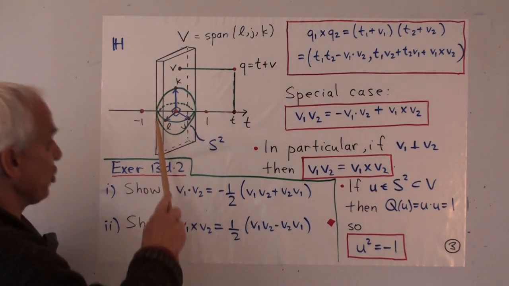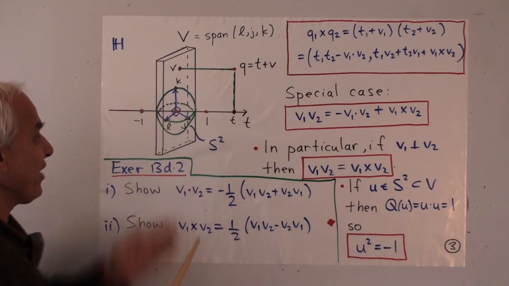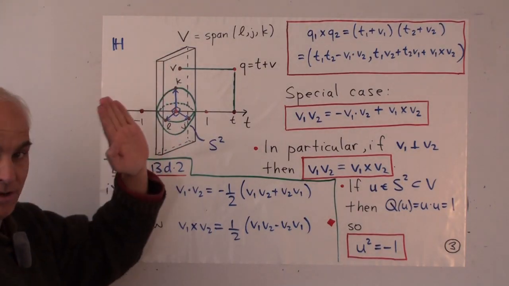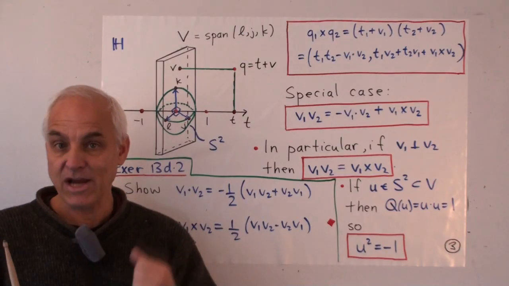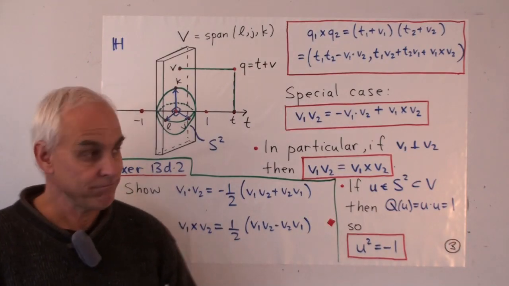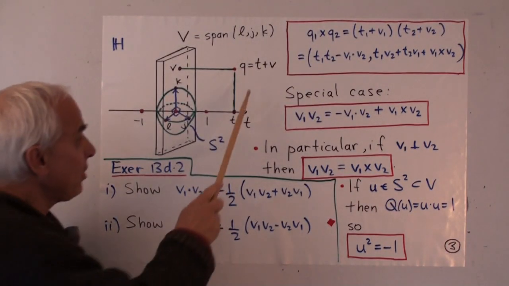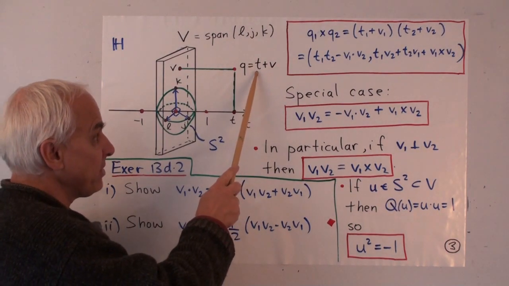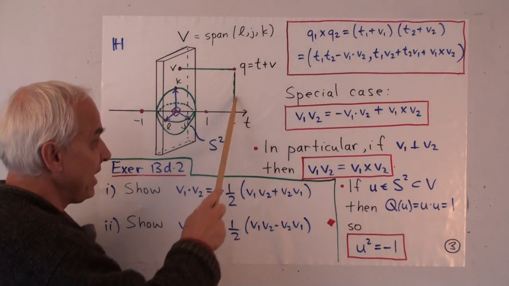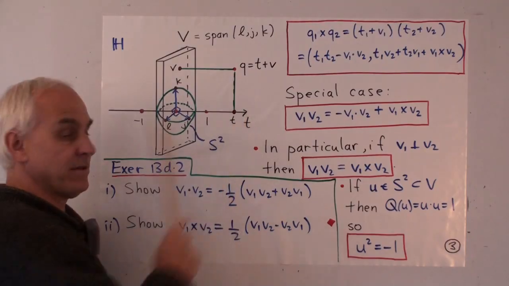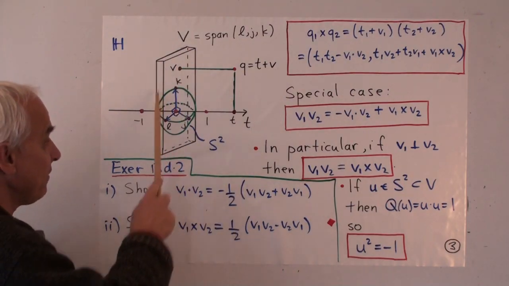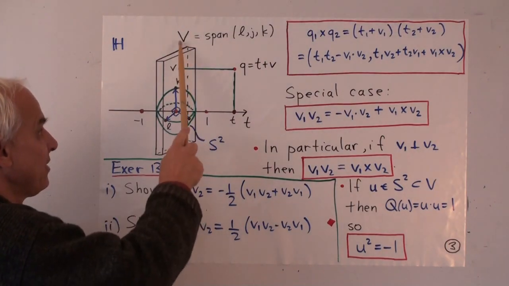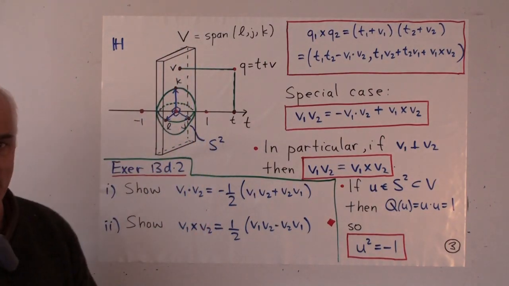Here is a picture of the unit sphere in this three-dimensional transversal slice. And it's here that we want the rotations to act. If we have a general quaternion, it has the form t plus v, where t is some coordinate in this direction, and v is some vector lying in this three-dimensional transversal slice.